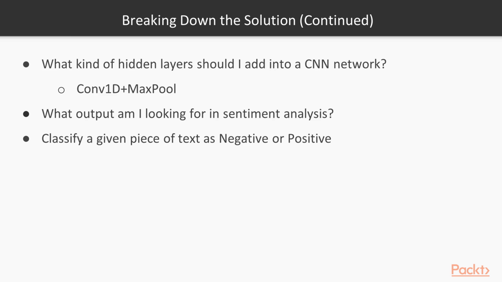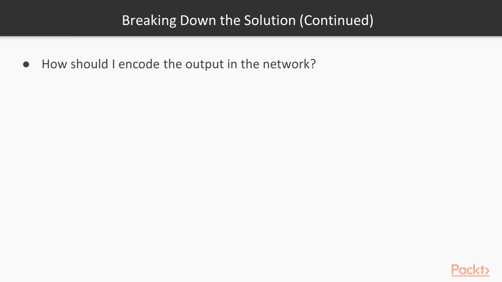We want to classify a given text as negative or positive. So this is our main task, to classify a given text as negative or positive. So we have those two classes, and what kind of output should my network have, and how should I encode it? Since we have only two classes, we can just encode it as 0 or 1.